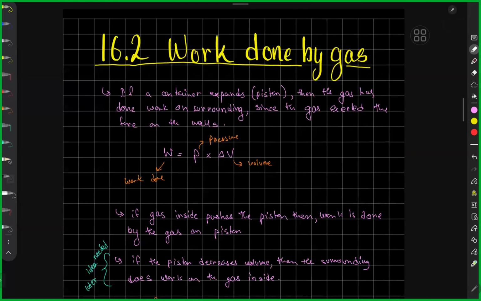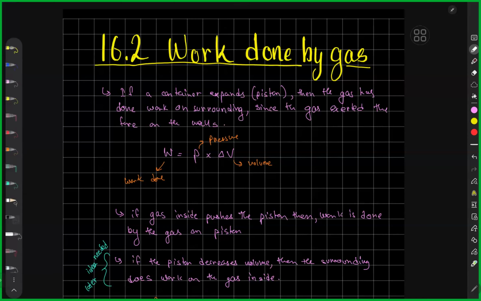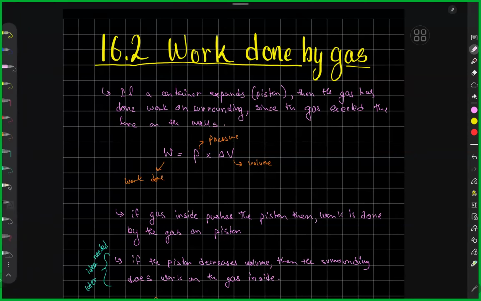Now, let's say if you have a container, and this is the most common example whenever working with pressure and volume because it's easy to work with. Why do I say it's easy to work with it? Because change in volume becomes really easy. When you have this system where you have a piston and container, what happens is you have a certain volume here, and by reducing the volume, it is very easy to increase the pressure, right?